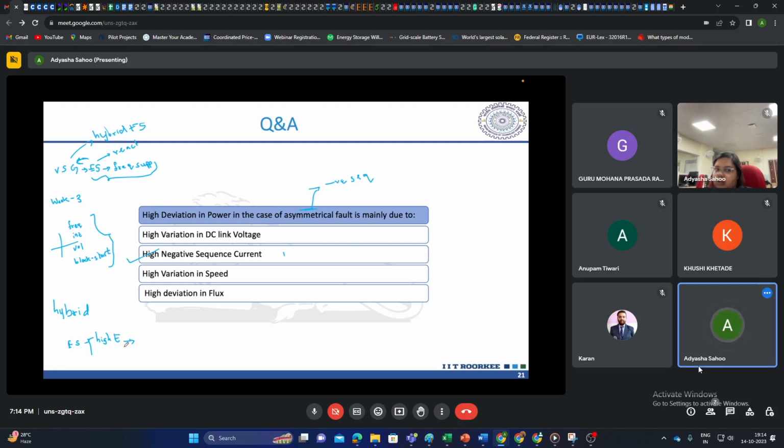Are you able to get what I'm telling? So it has to be a hybrid storage with high energy and high power to be able to deliver this wide range of services starting from frequency, inertia, voltage to black start. So is this clear? Yeah, sure. Okay.